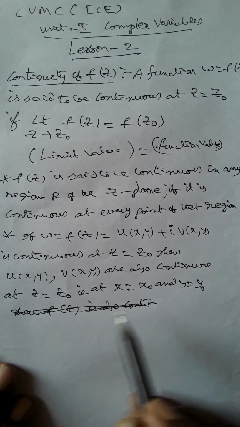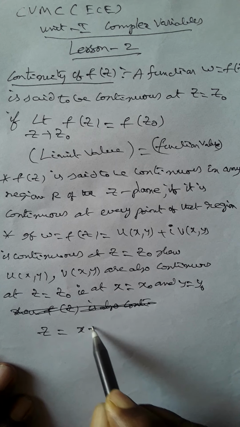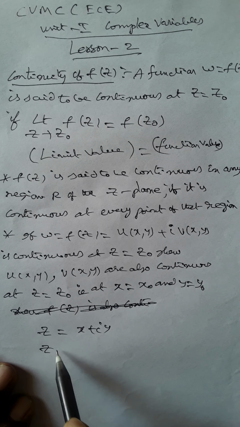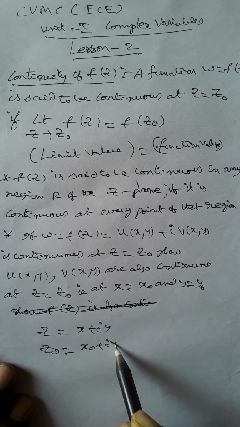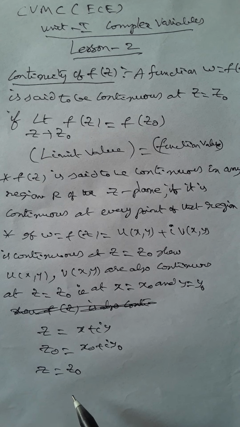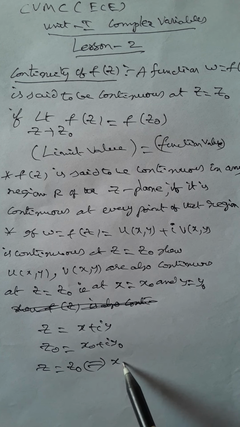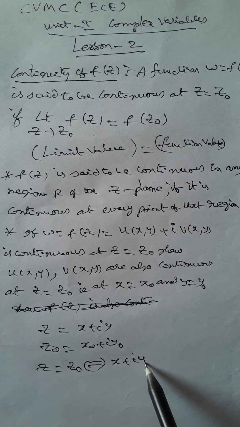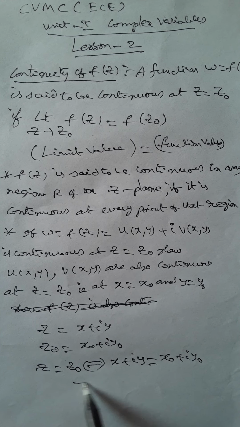How to get this one? Z is equal to x plus iy. Your z naught is equal to x naught plus iy naught. Two complex variables are equal implies x plus iy is equal to x naught plus iy naught.